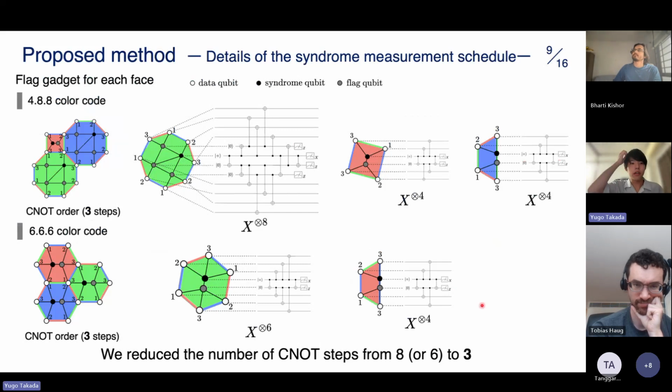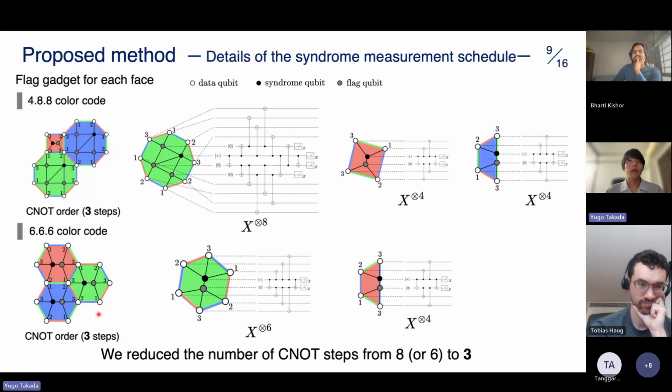In detail about the syndrome measurement circuit of my proposed method, in the case of the square octagonal color codes, the 4-qubit flag gadgets are used at the octagonal faces, and 2-qubit flag gadgets are used at the square and trapezoidal faces, where CNOT gates are applied to the 2 neighboring data qubits from each ancilla qubit.